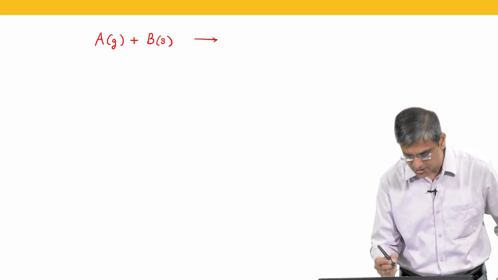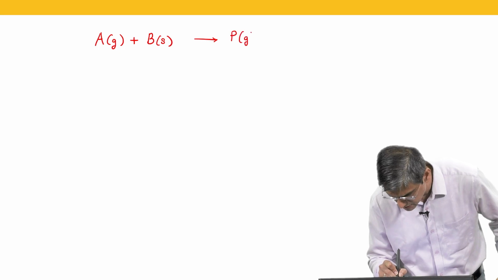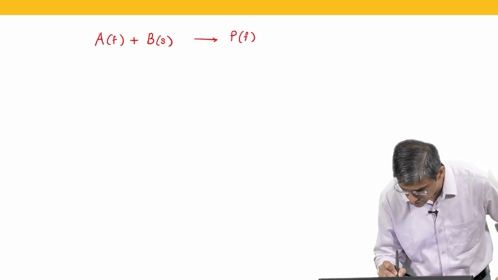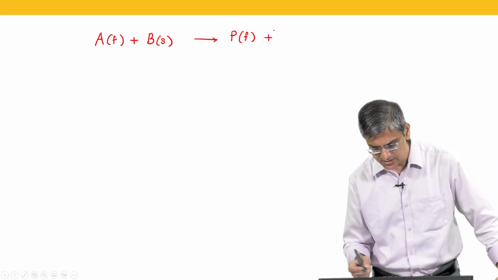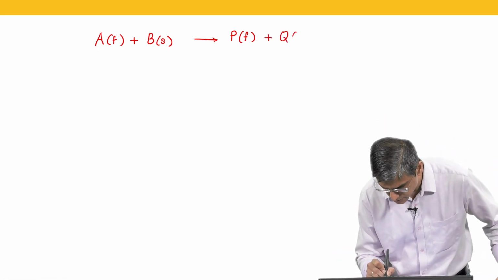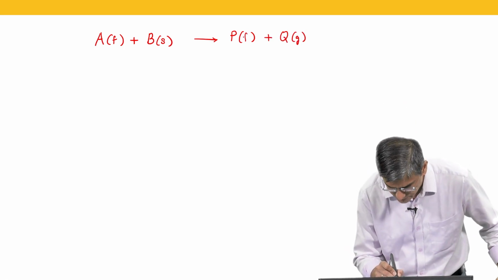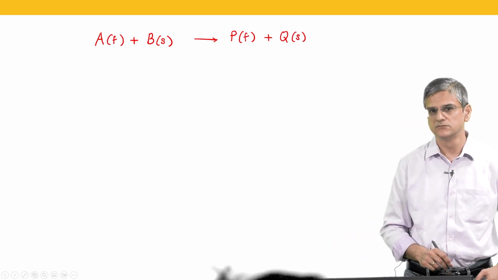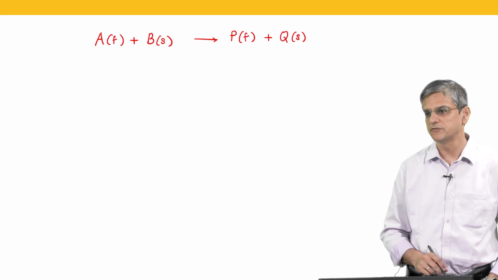And the reaction will lead to a product P. Let us say the product P, or I will just call it a fluid phase, it could be gas or liquid, plus let us say Q in the solid phase. So, this is the general situation that we are talking about.